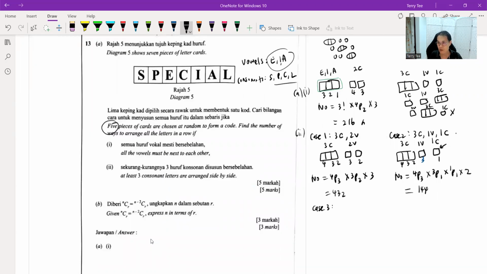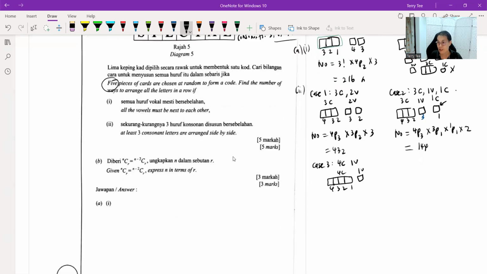And lastly, case number 3. I know this is very long. We have 4 consonants and 1 vowel, because the maximum number of consonants that we have is 4, right? So that will be 4 factorial, 4, 3, 2, 1. There are 3 vowels, so I put 3 there.